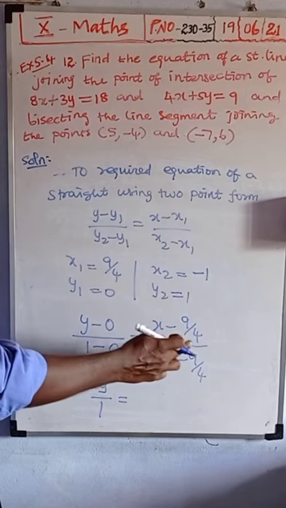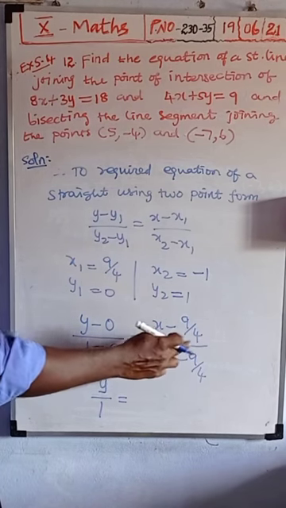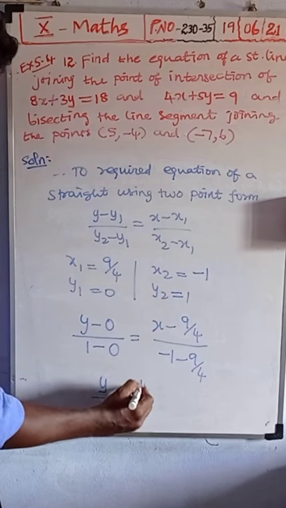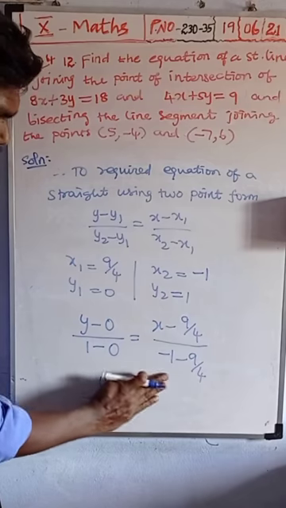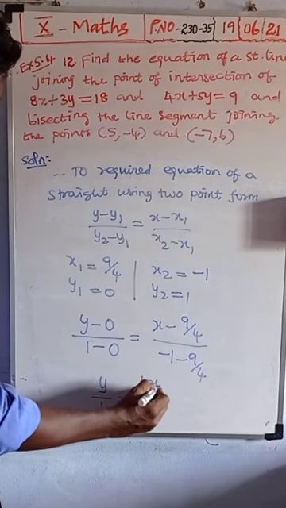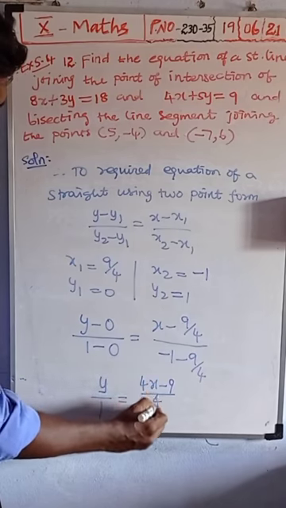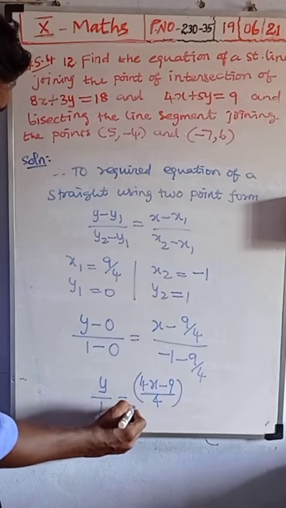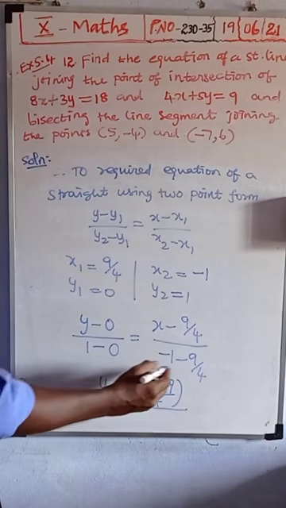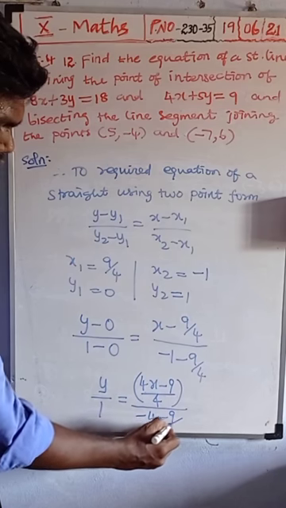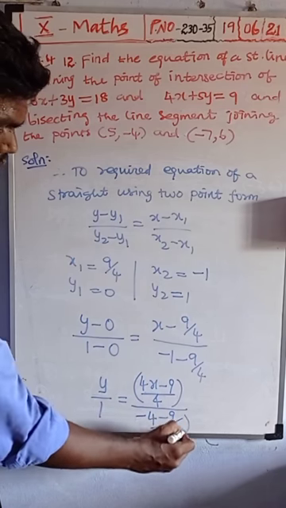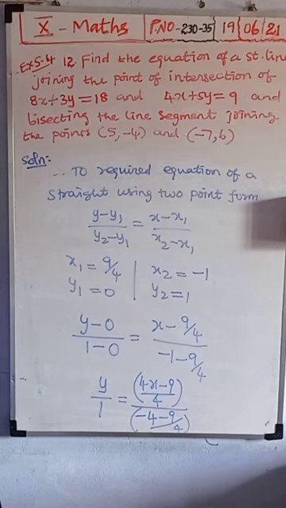Next, this side the denominator is 4, so you take LCM: 4x minus 9 whole divided by 4. In the denominator, taking LCM 4, we get minus 4 minus 9 whole divided by 4.